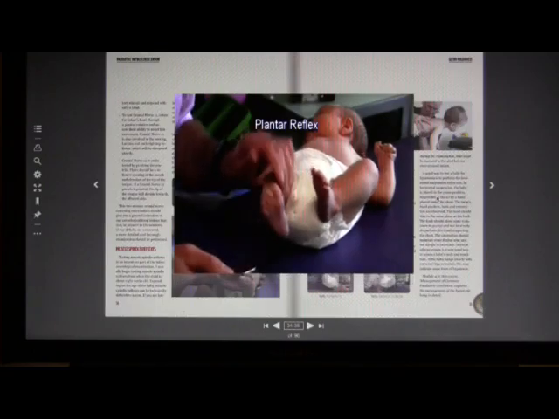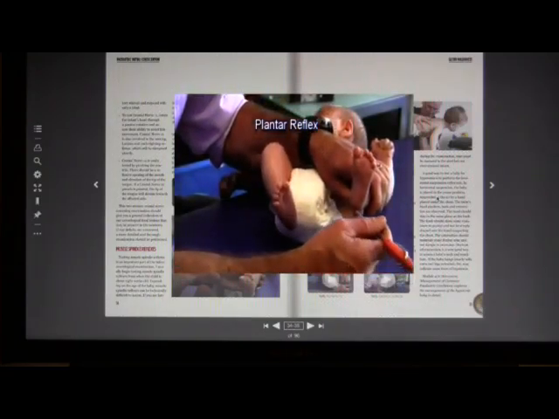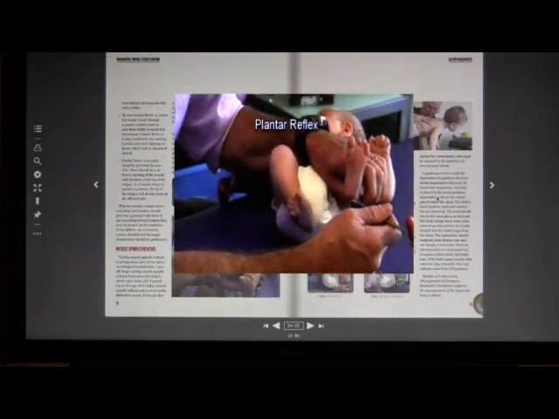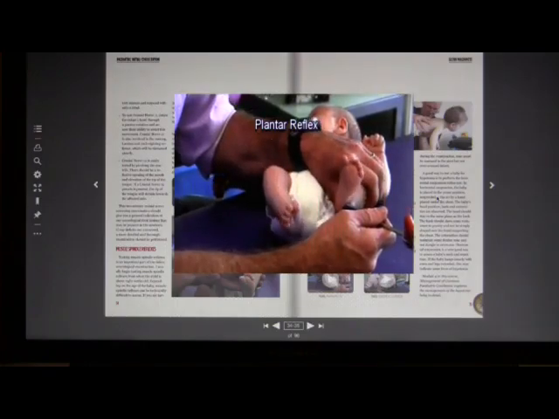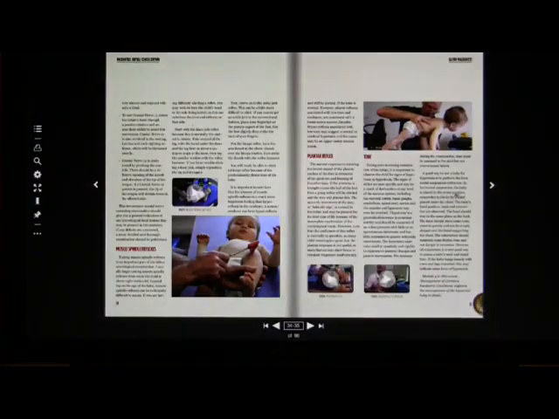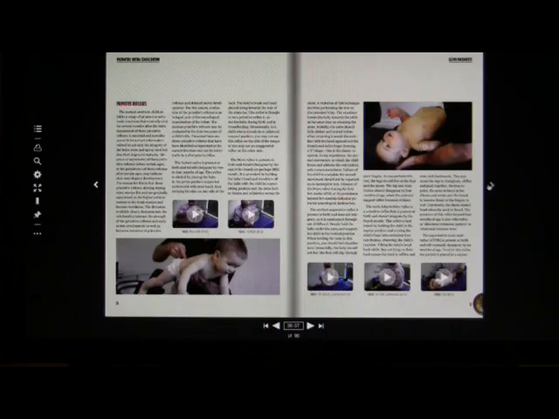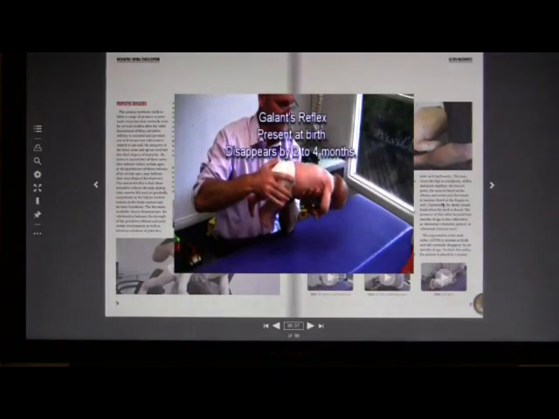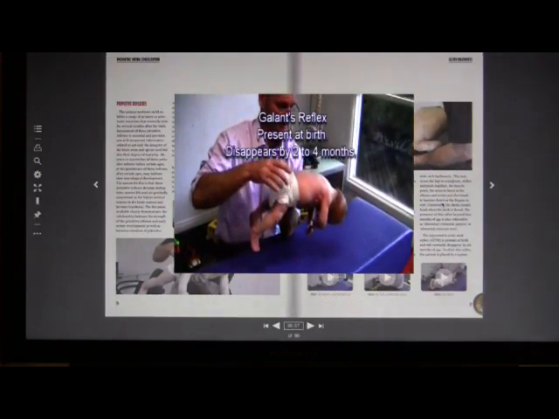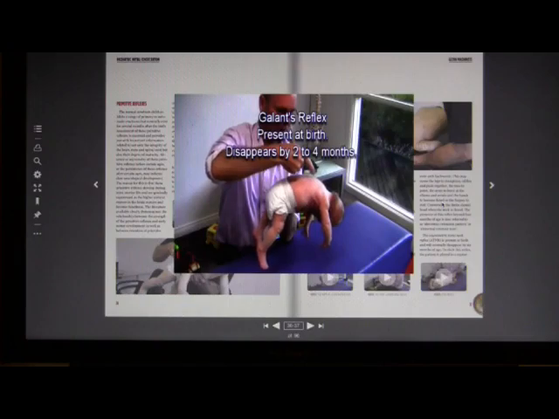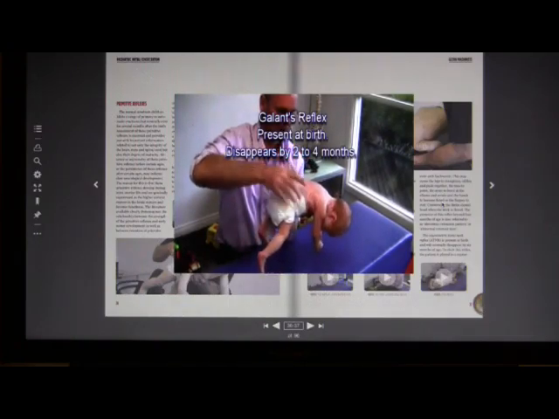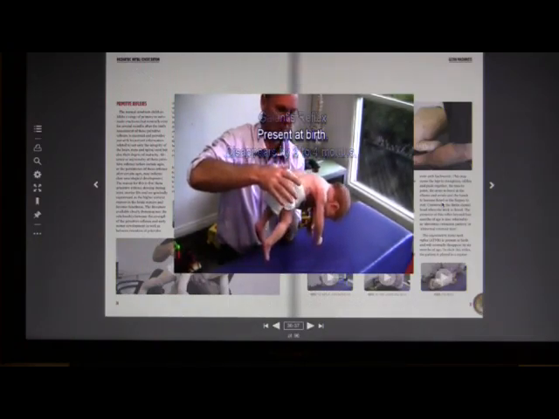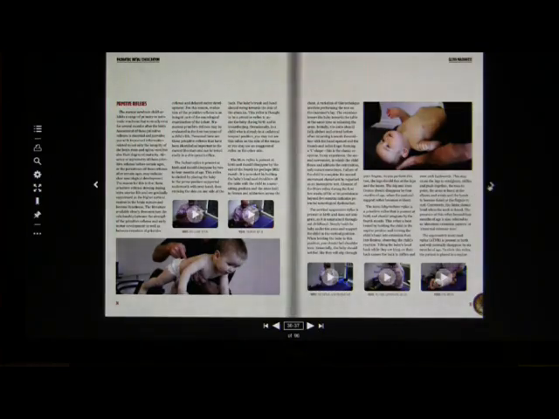Whether this be a specific neurological examination such as this plantar reflex examination, testing for the presence of primitive reflexes such as this Gallant reflex, perhaps testing an infant with a pull to sit test to determine whether the child is meeting age-specific milestones.